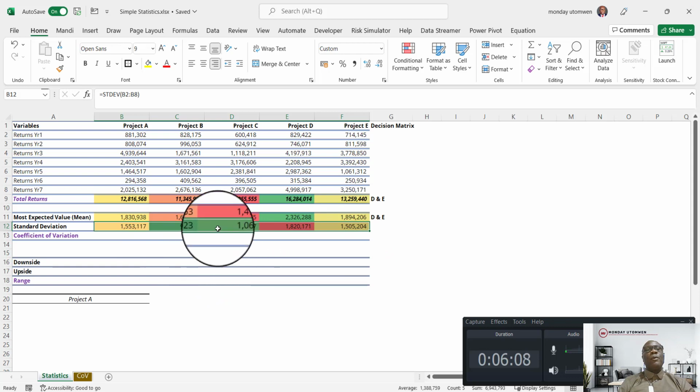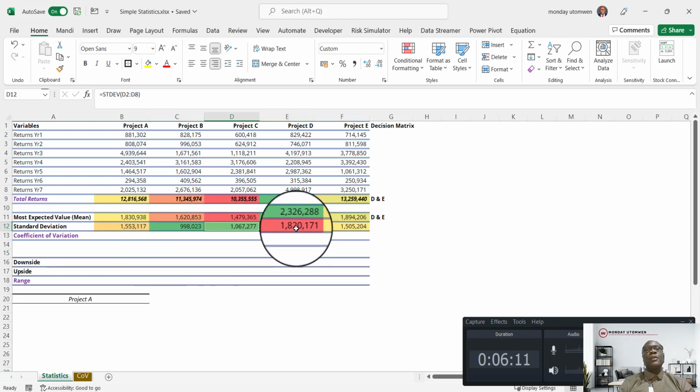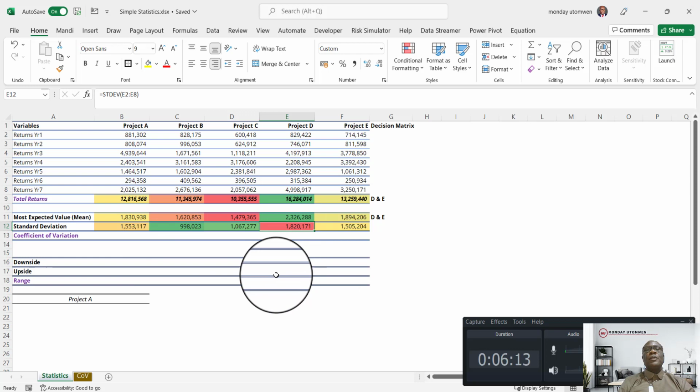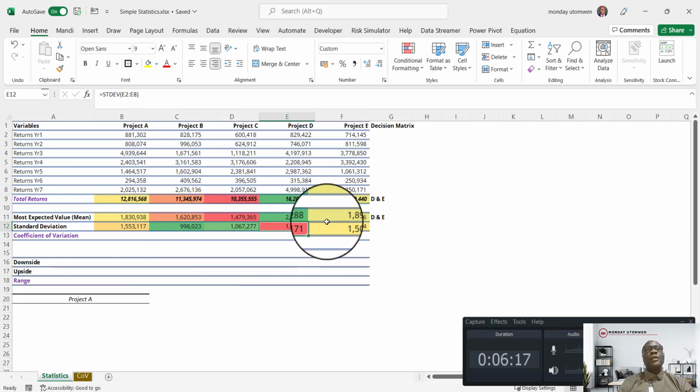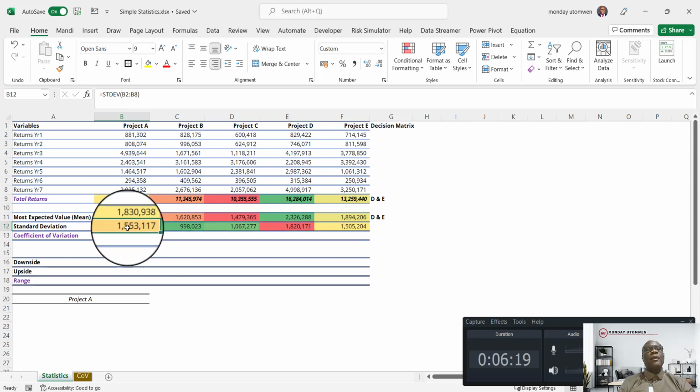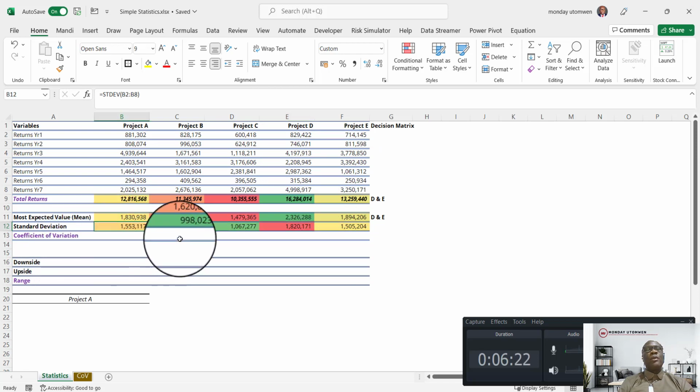Okay, now what is this telling us? It's telling us that this has the highest volatility in terms of the 5 projects, okay, followed by project A. So we are looking for projects where the volatility or the risk, the level of uncertainty, is lower compared to the other projects.